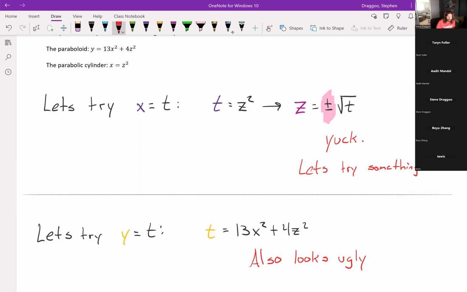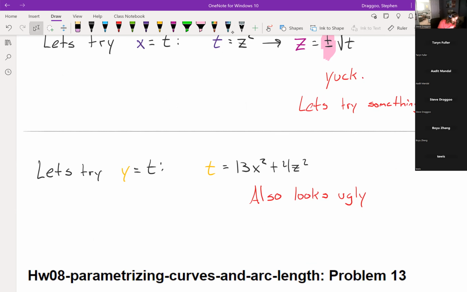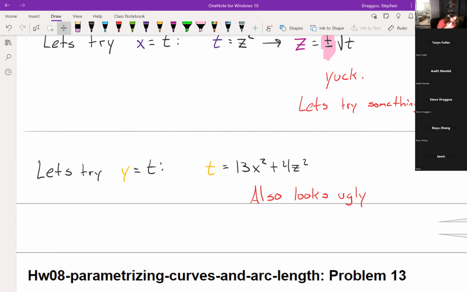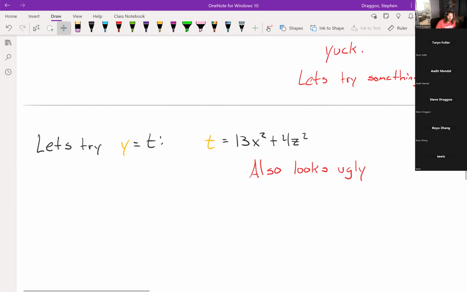I still have some squared variables. I'm going to end up with x squared as a square root of t minus z squared. There's a lot to dislike about this parameterization. So we're going to do something else. We aren't even really going to consider this one. Hard pass.